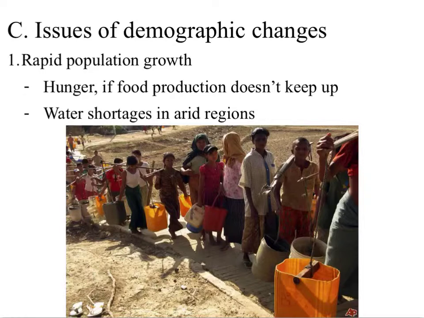Unfortunately for the world right now, a lot of the countries with the fastest population growth, places like Bangladesh or say Nigeria right now, also have either polluted water or serious potential for drought. Similar things are happening in parts of China as well, and in California. At least California, though, is rich enough that it can afford to deal with its water problem, but other places may not be able to.